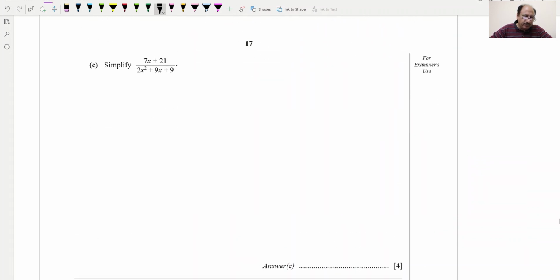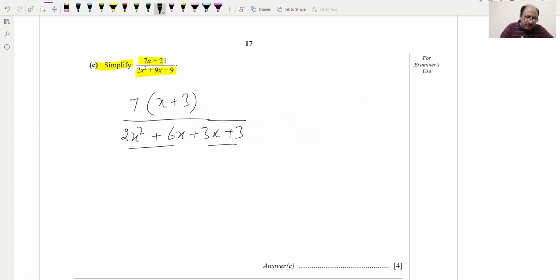Now C part, simplify. We have to simplify this algebraic fraction, and from the numerator we can take x common, and the denominator we can factorize. So for the factors, we can write 2x squared plus 6x plus 3x plus 9, and we can make these pairs.